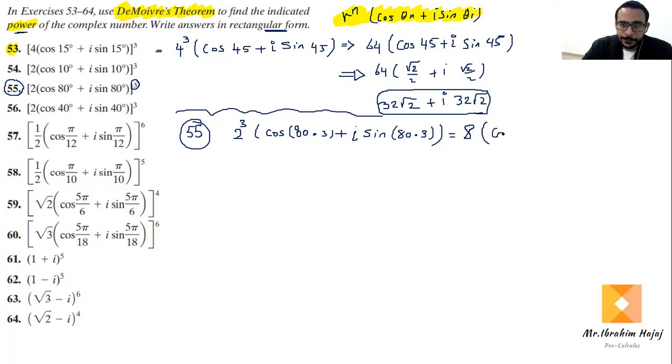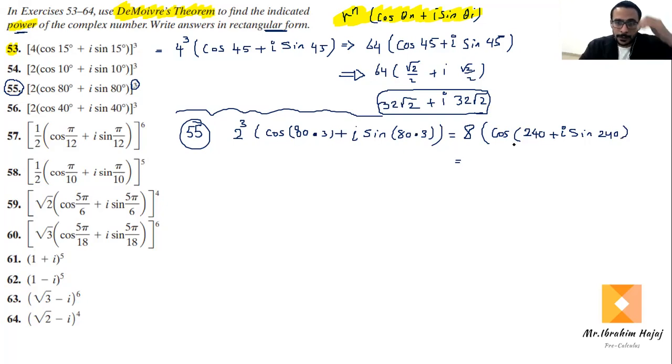Cosine of 80 multiplied by 3. Wait, Mister, I will bring the calculator. Three times 8 is 24, and we put the 0, so 240, plus I sine, the same magnitude. Cosine 240 is minus half.